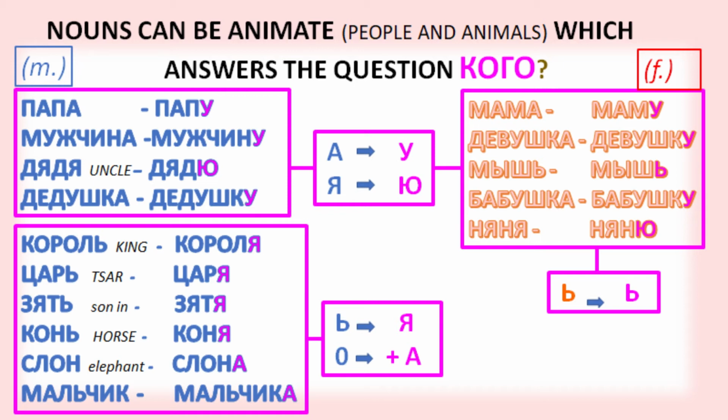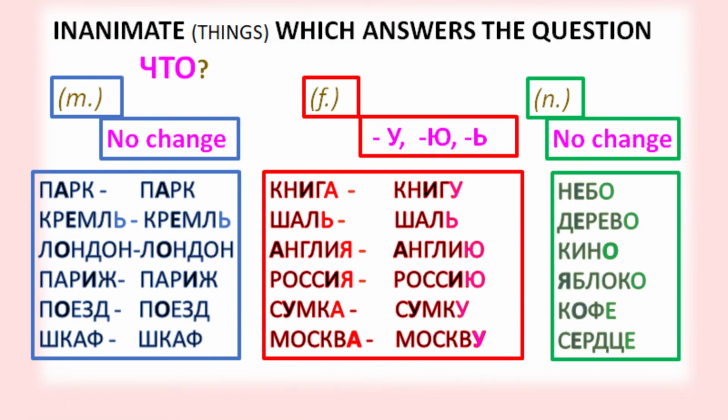In the feminine gender, change endings а for у and я for ю. Inanimate nouns, things, answer the question что. Inanimate nouns in the masculine and neuter genders do not change their endings.